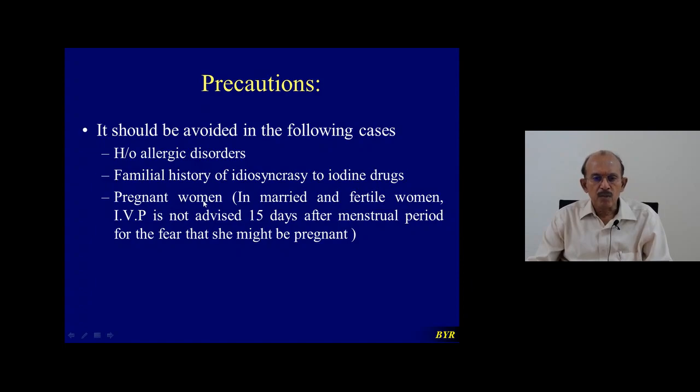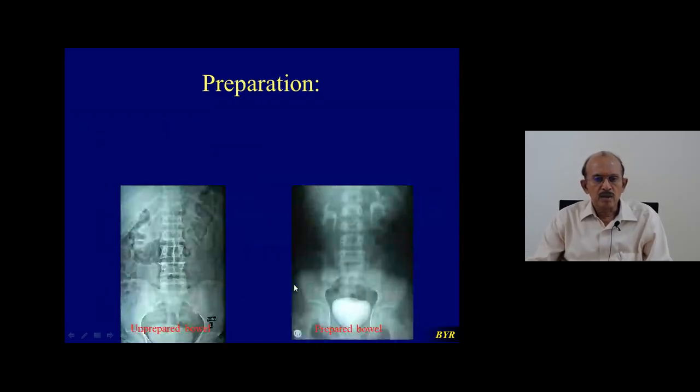Also, in married and fertile women, IVP is not advised 15 days after the menstrual period, for fear that the patient may be pregnant. It should also be avoided in patients with dehydration and multiple myeloma.